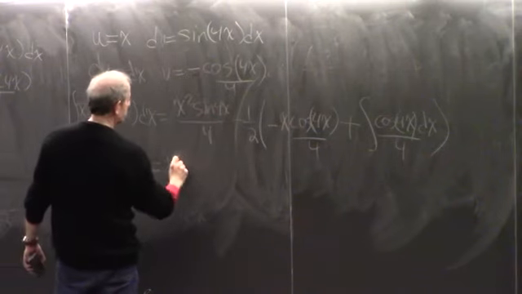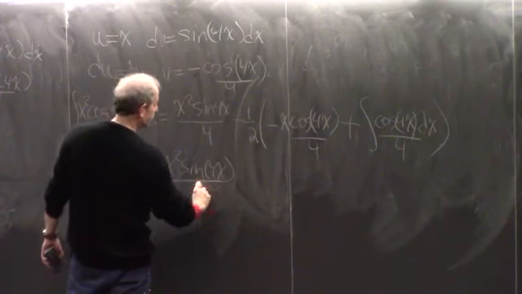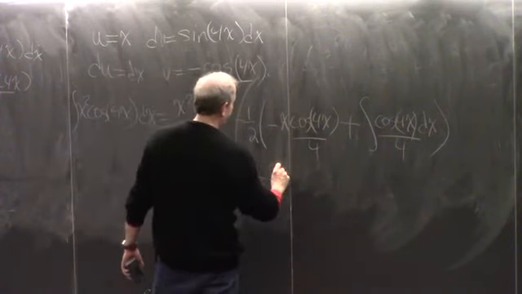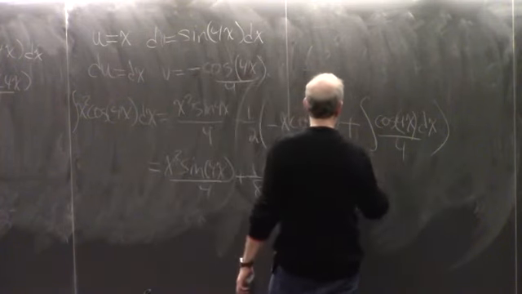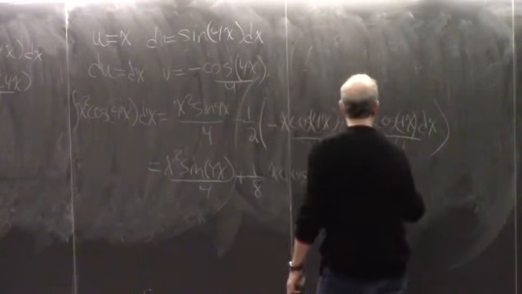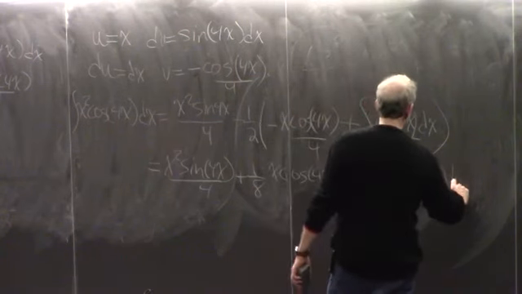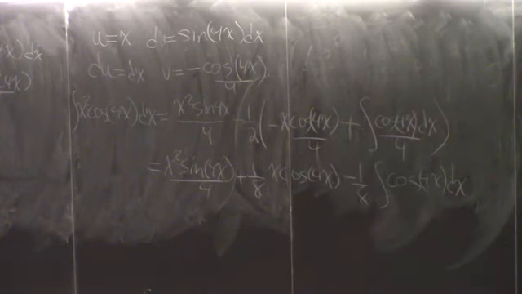You get x squared sine 4x over 4 plus an eighth of x cosine 4x minus an eighth integral of cosine of 4x dx. And that is sine of 4x over 4.